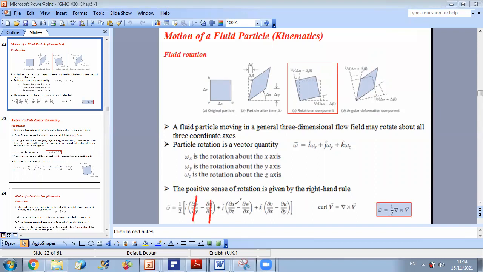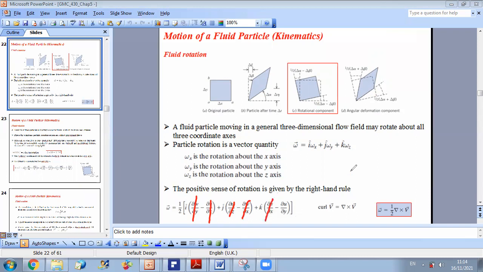Along J, it's del U by del Z minus del W by del X, times 1/2. U is only a function of Y, so del U by del Z is 0. And W is 0, so this term will drop. And the final term, you have del V by del X, no V, so this is 0.